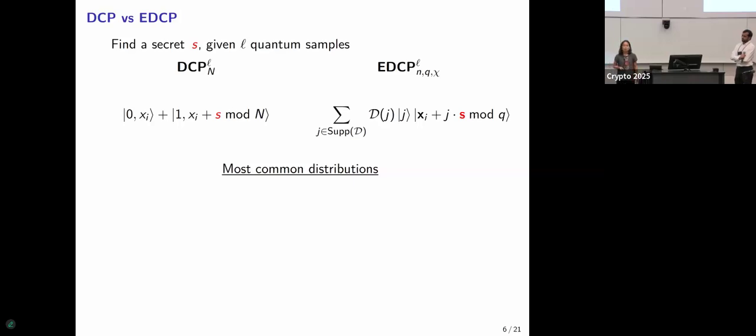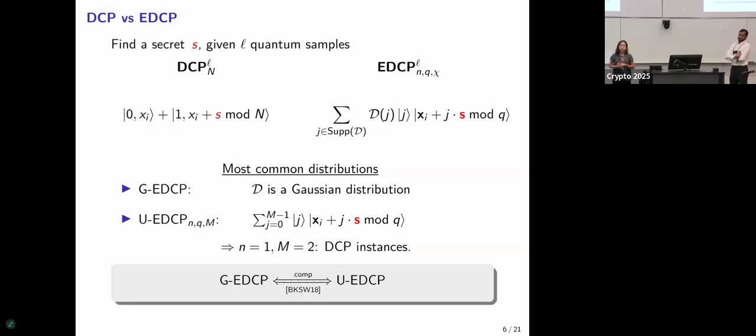Depending on the distribution of the amplitude, we have different variants of EDCP. For example, if the distribution is Gaussian, then we have the definition of Gaussian EDCP, and when the distribution is bounded uniform, then we have the definition of uniform EDCP.